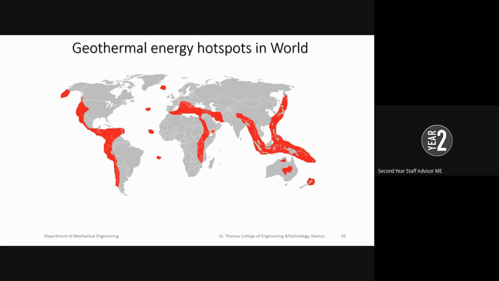Okay. So now these are the geothermal energy hotspots in the world. This is not that important in the syllabus, but for understanding. Most of the hotspots we can see are where volcanoes are active, and the availability of geothermal energy will be more there.